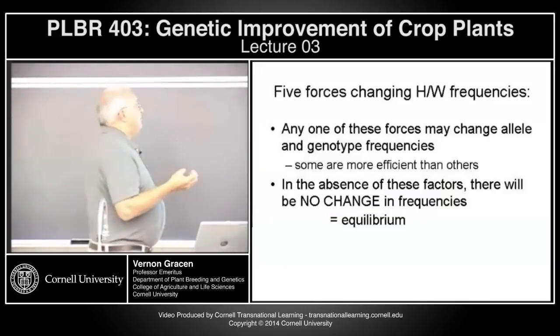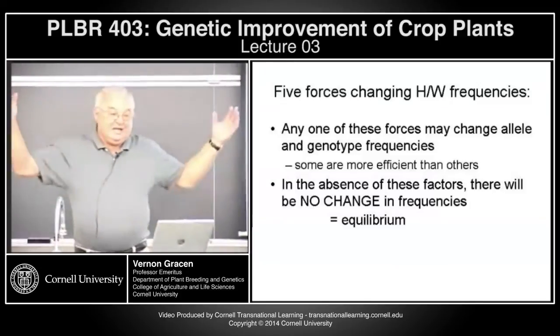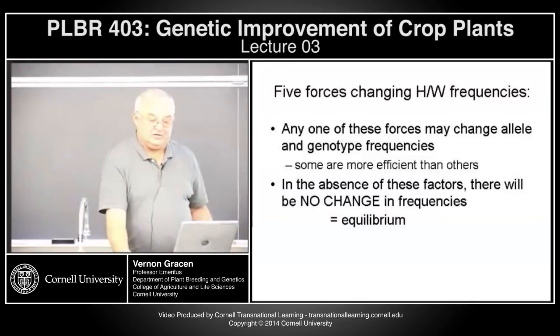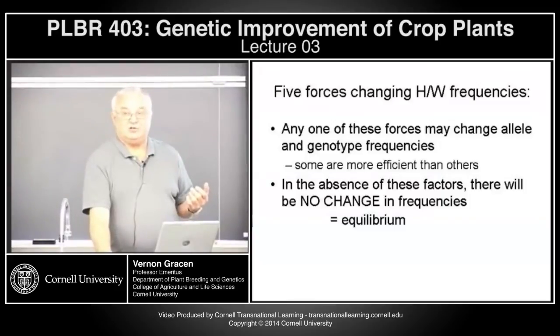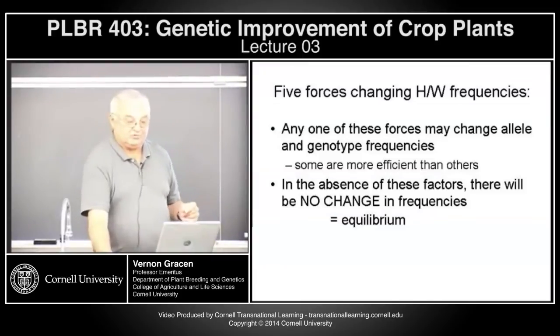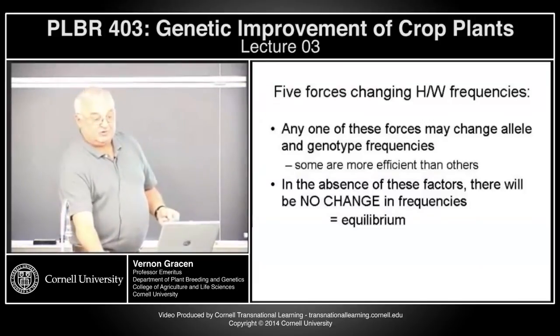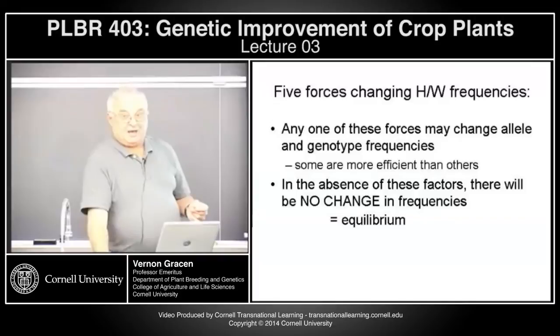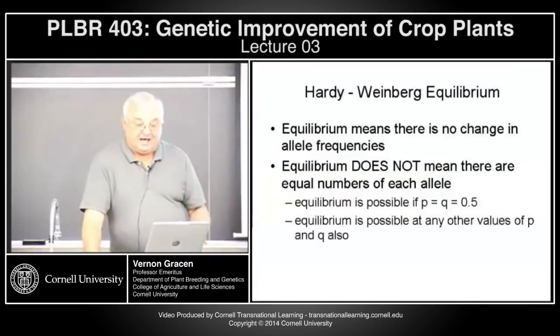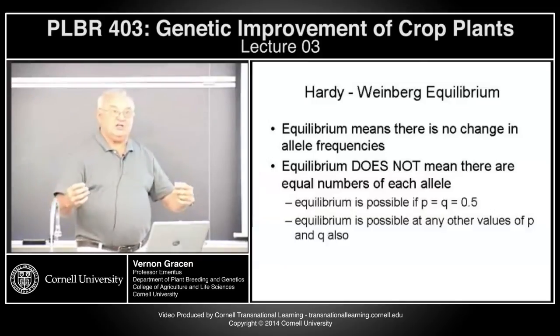Just a couple of other things that sometimes confuse people. Any one of those forces can change allele and genotype frequencies. Some are more efficient than others, selection by humans being the most efficient. In the absence of those factors, there's no change in frequencies. So the population's at equilibrium, but equilibrium just means no change in allele frequencies.